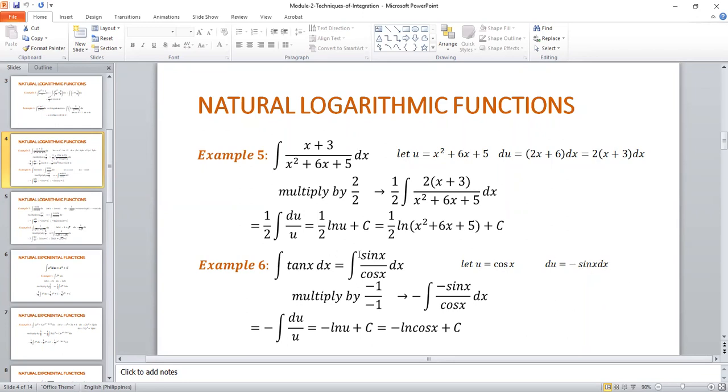I lack only negative 1 here. So that requires us to multiply by negative 1 over 1. So it is actually the negative of du over u, where u is cosine x and du is negative sine x dx. So the answer then is negative ln of the u, which is cosine x.